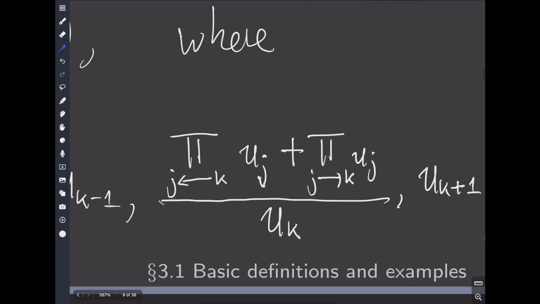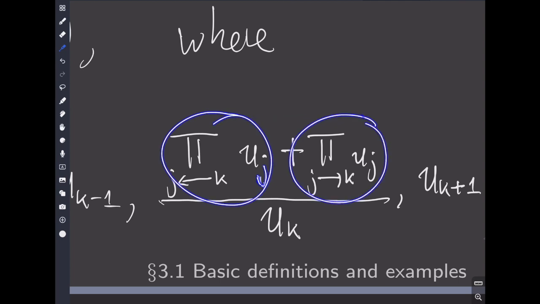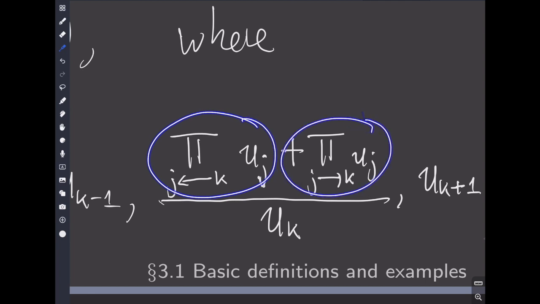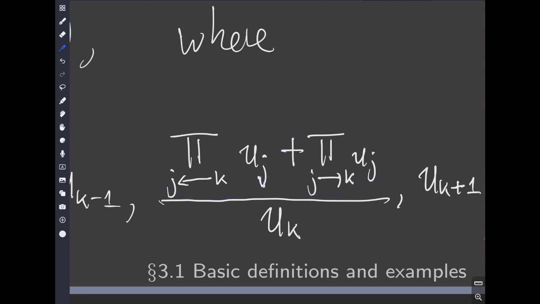Yes, for each index j, uj appears in at most one of the two monomials. Of course there could be someone appearing here and someone appearing there, and those have to be different.